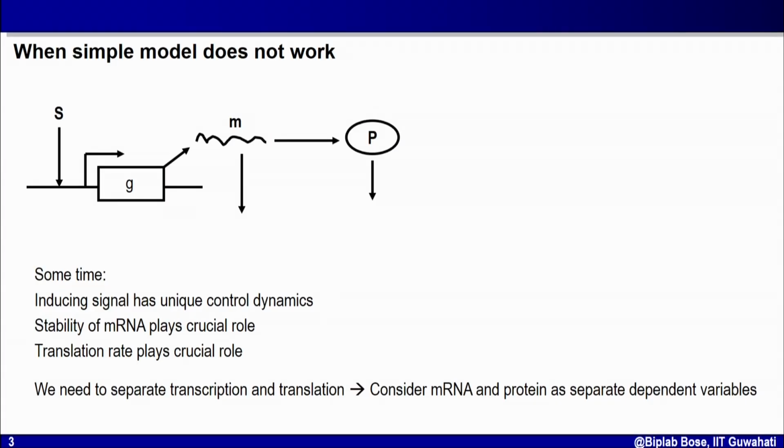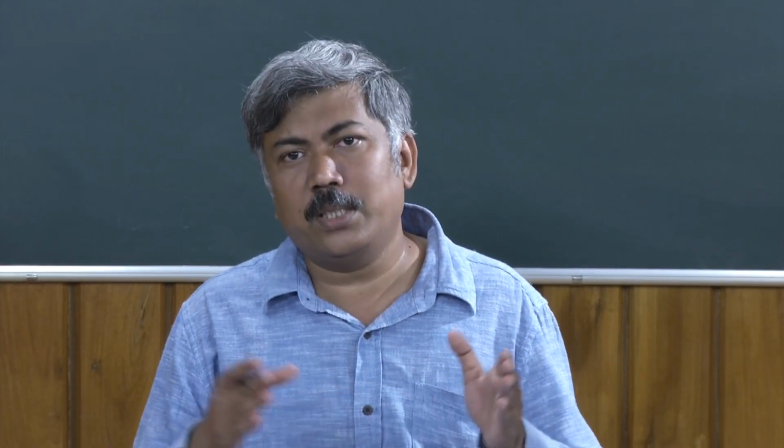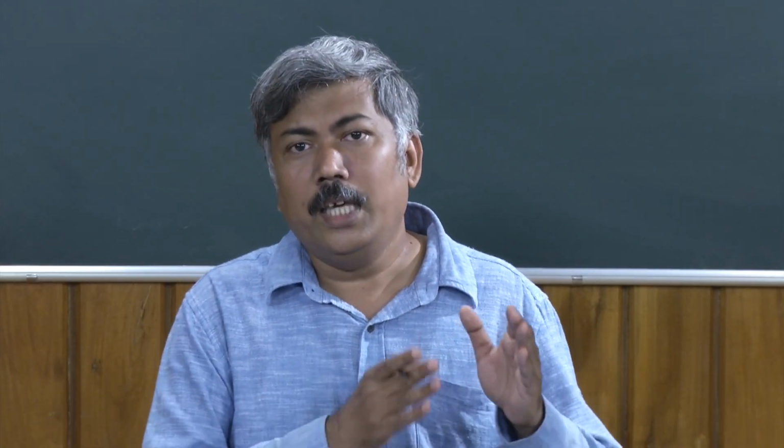Many a time we forget that the degradation or stability of mRNA is very crucial in the dynamics of the protein as a whole. Suppose I want to study the effect of stability of mRNA on the dynamics of the protein concentration in the cell, then I have to consider transcription and translation separately, because I want mRNA as a dependent variable also.